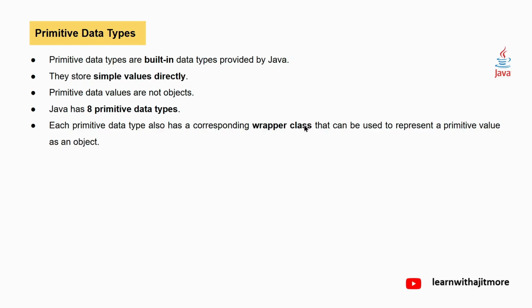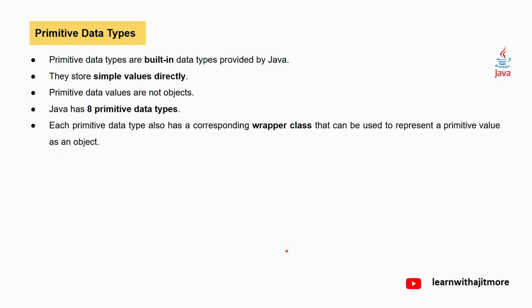And remember, as these classes are provided by them, their class names start with a capital letter only. No class provided by Sun Microsystems starts with lowercase; they have kept that standardization. So each primitive type has a corresponding wrapper class, and using that wrapper class, you can treat a primitive as an object.